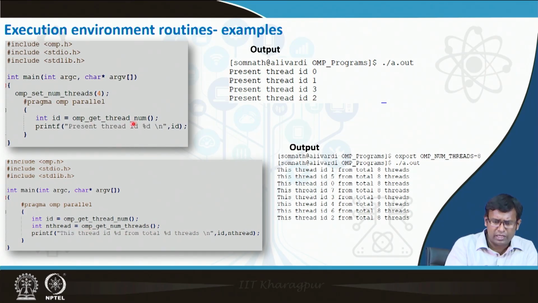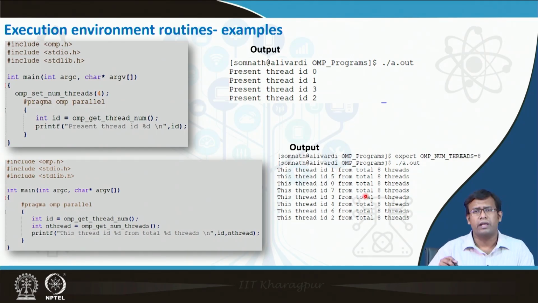Earlier OMP get thread num was giving us the thread ID of a particular thread. Here it will give us the total number of threads. So, even if this is running in parallel for all the processors, with get num threads the total number of threads is fixed, and with OMP get thread num the ID of this particular thread is different for different processors. So, this will write that the total number of threads is 8, and threads 0 to 7 are running, and each of these threads will write their own thread ID.